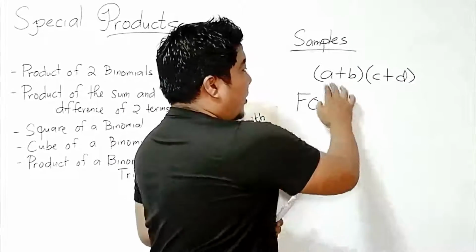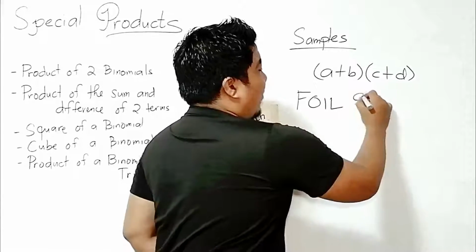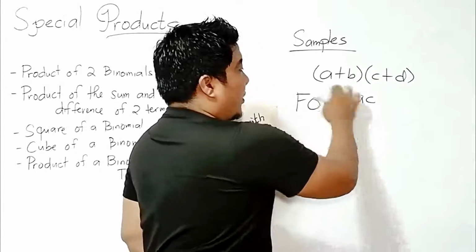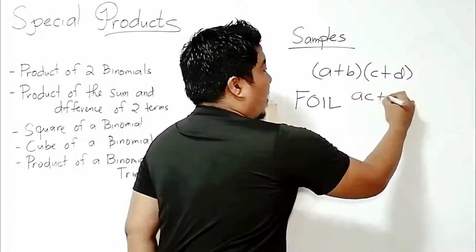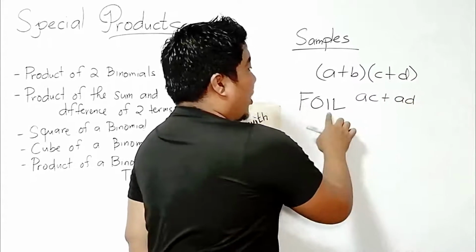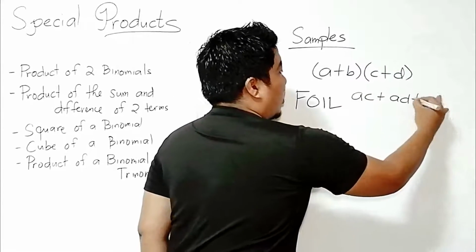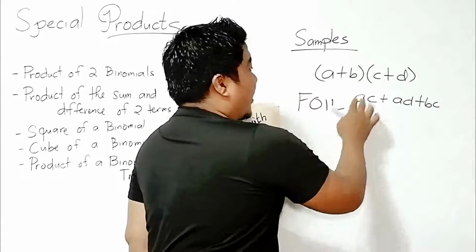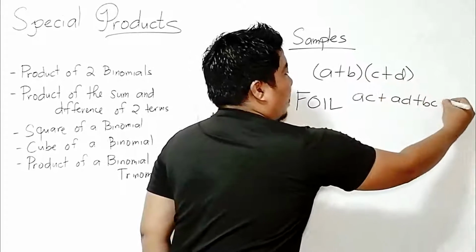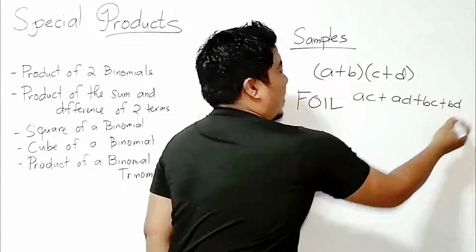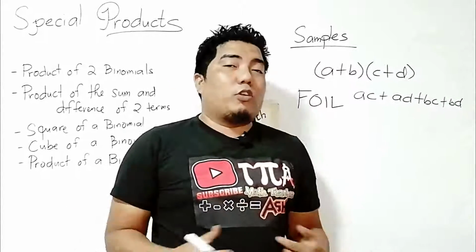The first terms, so we will have AC. The outer terms, this is the one, so that will become AD. The inner terms, so this will become BC. And the last terms, so that will become BD. So that will be the construction of your answer.